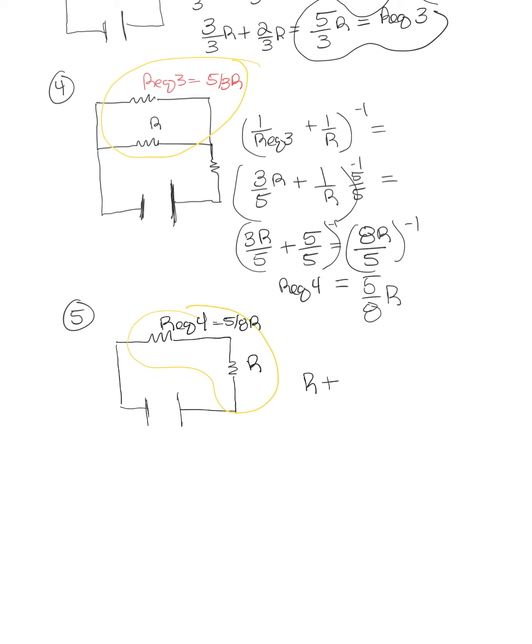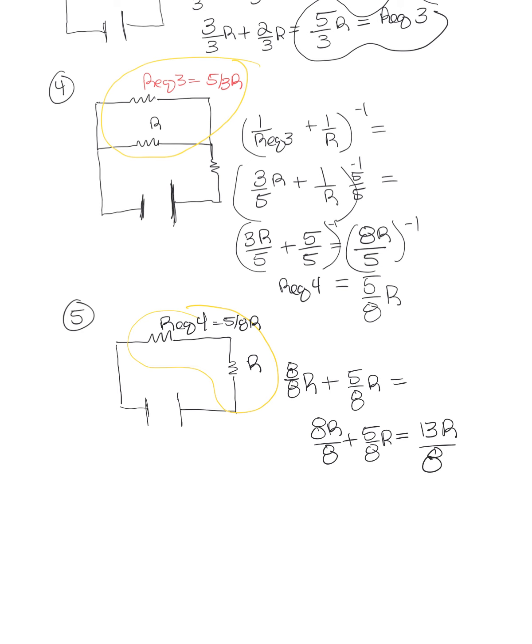So R plus 5/8 R equals, so we need to get a common denominator. So we're going to have 8R/8 plus 5R/8 equals 13R/8.